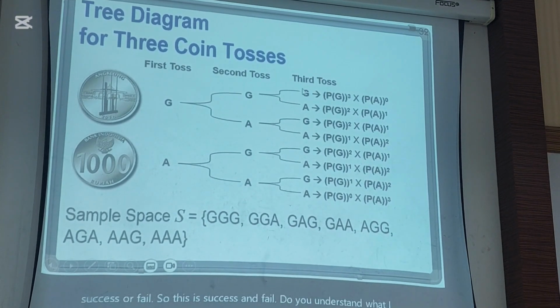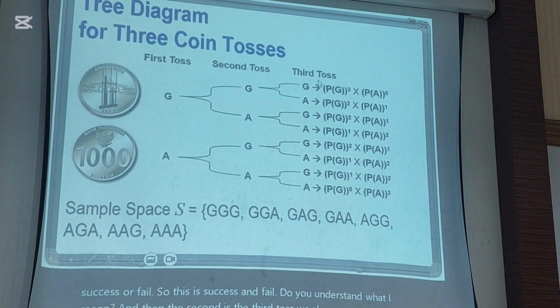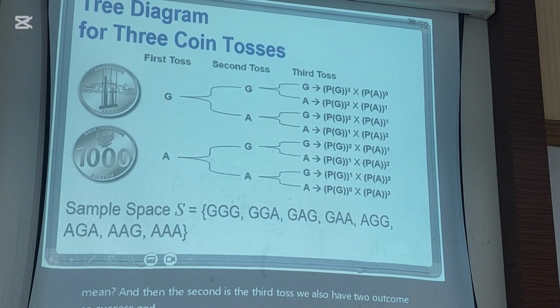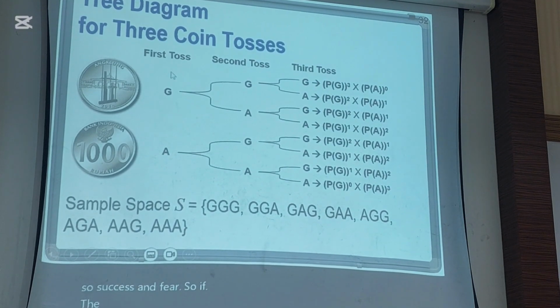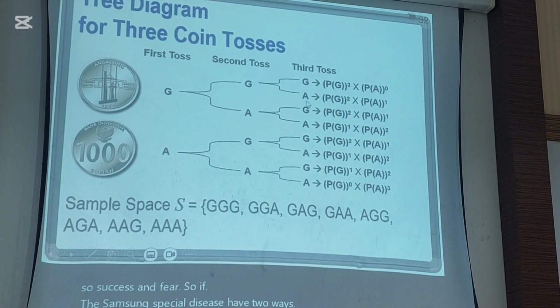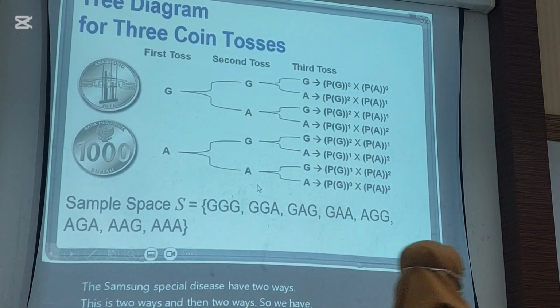And the third toss, we also have 2 outcomes, success and fail. So this has 2 ways, and then 2 ways, and then 2 ways.